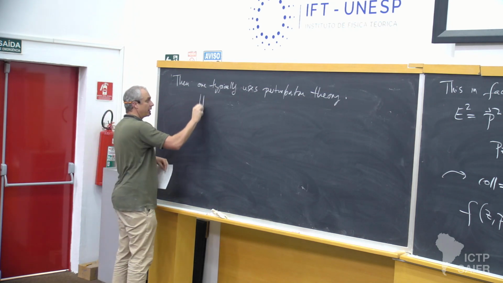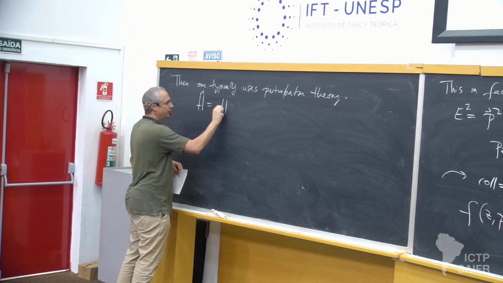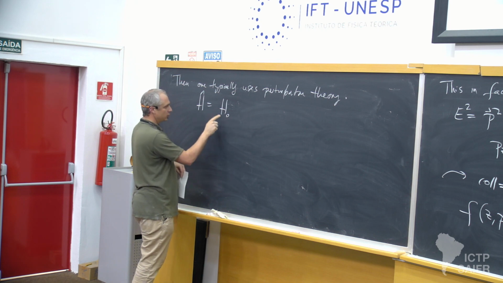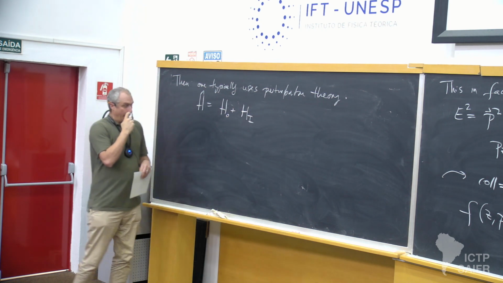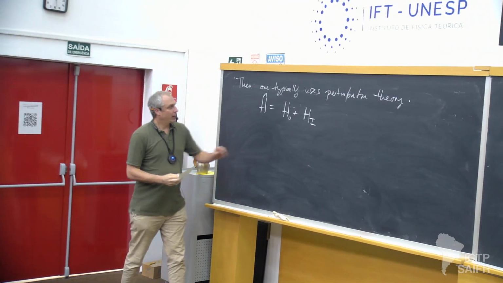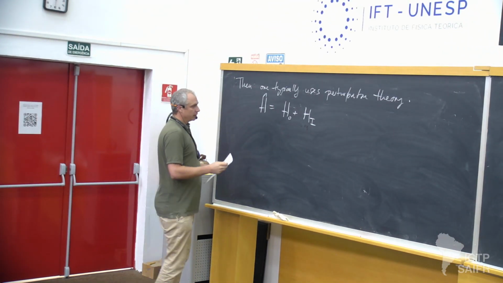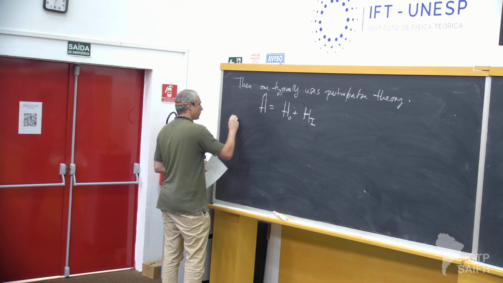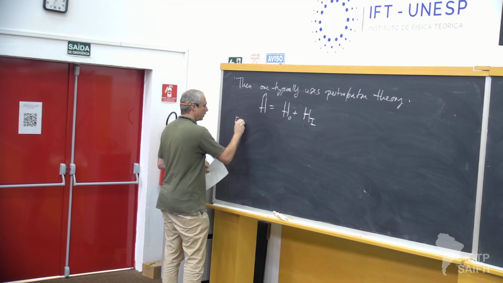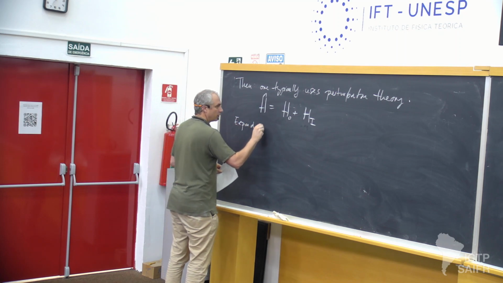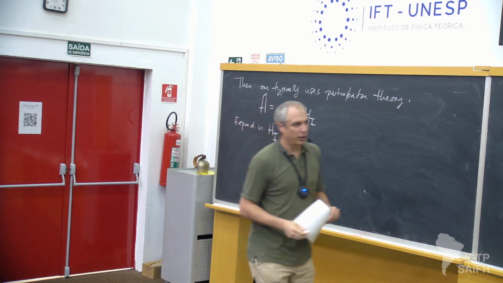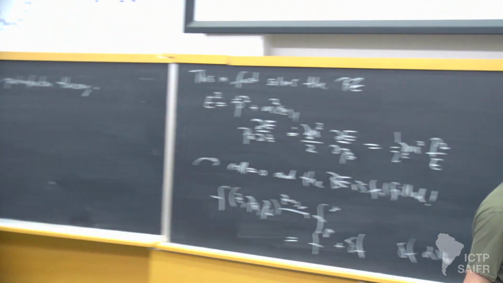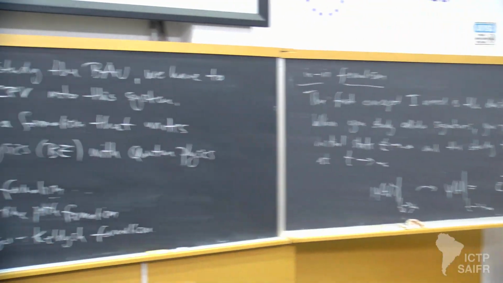Okay, so how is this done? Well, you say, okay, my full Hamiltonian has one piece, which typically contains the propagators, and then there's a piece which contains the interactions, and then I would like to do an expansion in the interactions. So, to leading order, this is relatively simple.